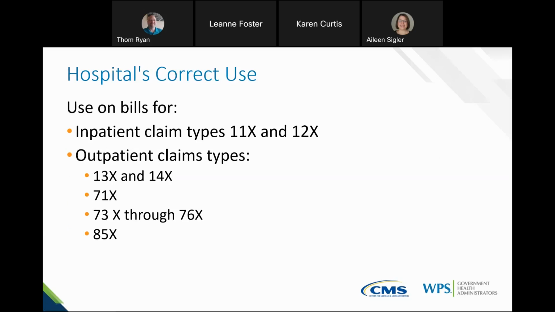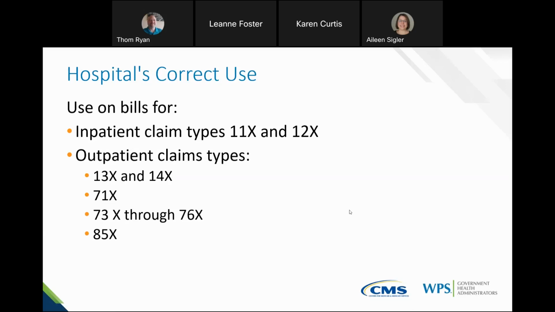So a lot of people ask us, okay, we're getting ready to bill and we're a hospital. What types of bills do we put this on? And this is where you're going to put it on inpatient claims with a 11X and a 12X. Now again, this will be in your handout. Hospital outpatient claims are listed here.